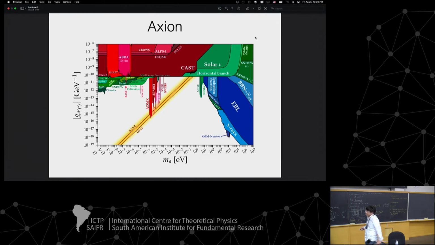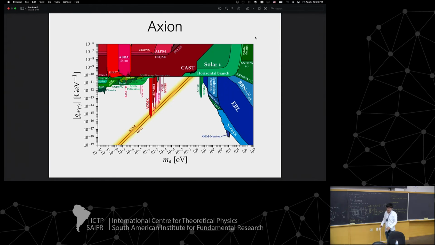Why is some random point in the white space not well motivated? What would be wrong with something? No, in principle, if I have a string theory axion, then it can be anywhere. But we think QCD axion is the most well motivated. That's why we are focusing on this range here. Right. Yeah.